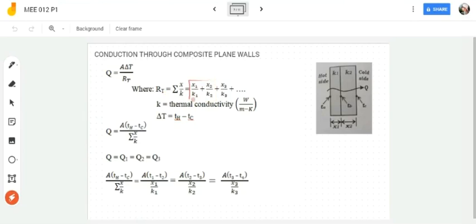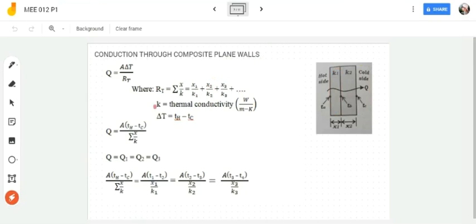So this 2 is enough for this figure, but if there are more walls, you can add and so on and so forth. The resistance is actually X over K, depending on the number of walls.